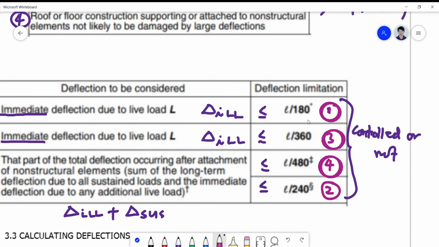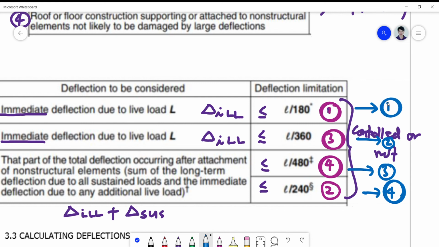The most critical is member number 3, the second is member number 2, then the third is member number 4, and the last is member number 1.